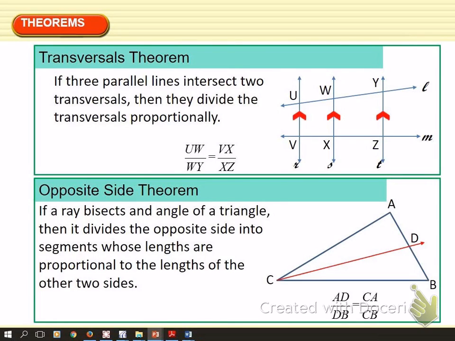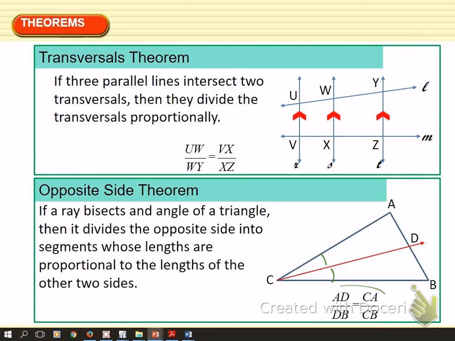This opposite side theorem said you have an angle bisector, and we haven't had an angle bisector in a while. Angle bisector cuts an angle in half. So if ray CD is an angle bisector, and it hits the opposite side of the angle from the angle that it bisects, then it cuts the opposite side proportional to the adjacent whole side of the triangle.